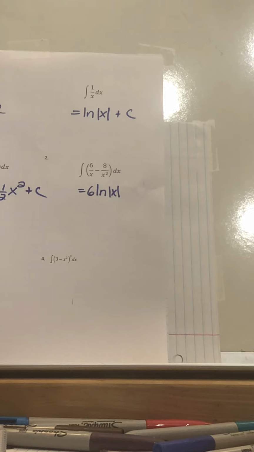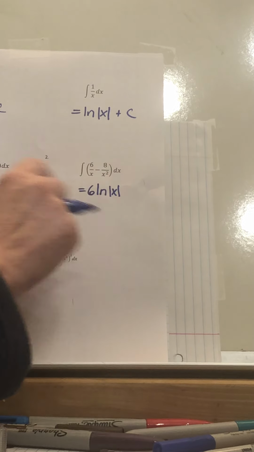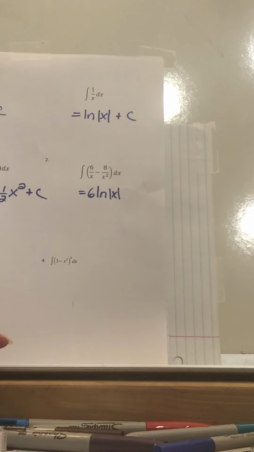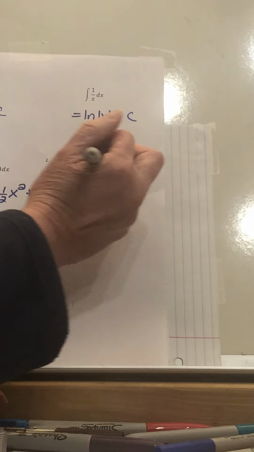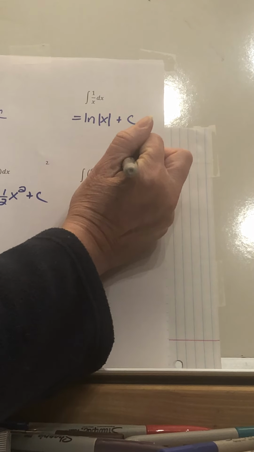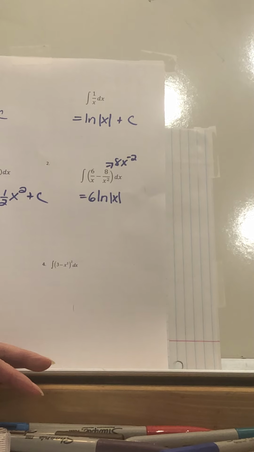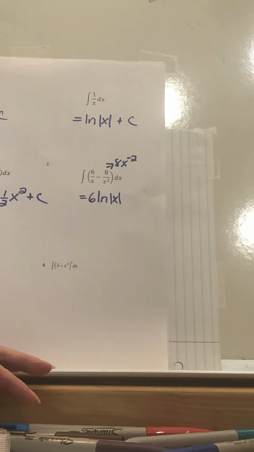My next term after that, I'm going to look at this. It's not just over x though, it's really over 8, it's over x squared. This term is not a natural log, because I have to remember this is 8x to the negative 2. This one's going to involve the power rule.